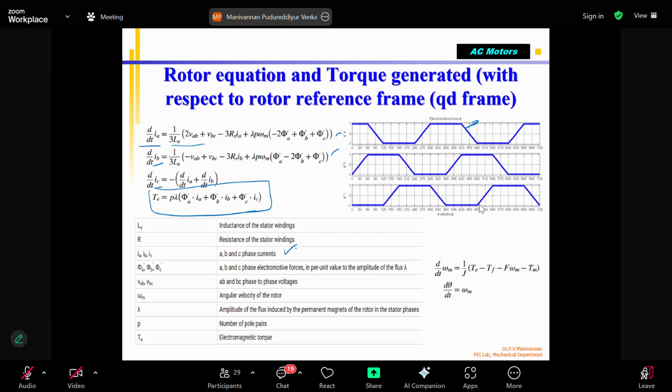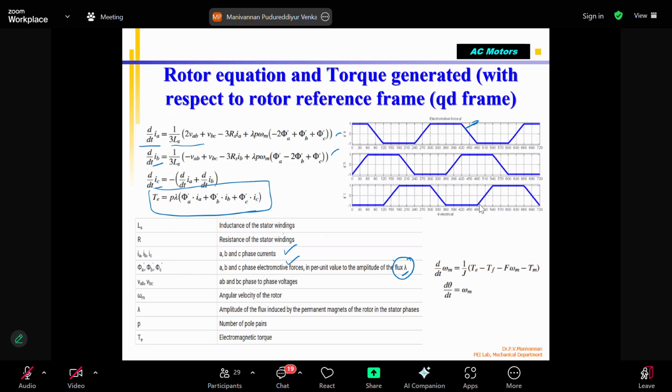IA, IB are the phase currents due to the voltage supplied by the trapezoidal waveform. Phi A, phi B, phi C means the electromagnetic force created in the stator field, due to the magnetic flux supplied. Lambda is the magnetic flux supplied by the rotor. The rotor is only one magnet, and that magnet is rotating.